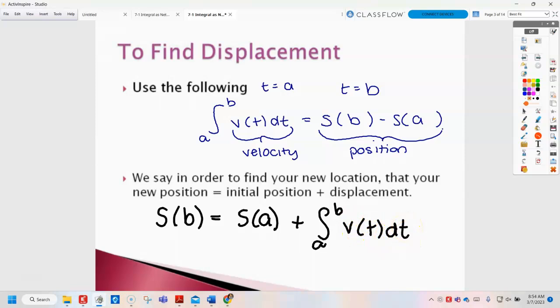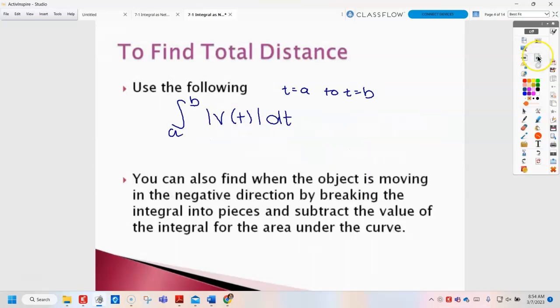And that should look a lot like the fundamental theorem of calc to you. So new position is equal to initial plus displacement. We're going to hit on this again and talk a little bit about velocity, position, acceleration over the next day or so.